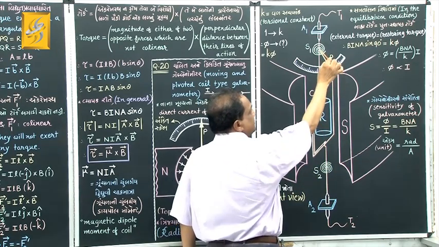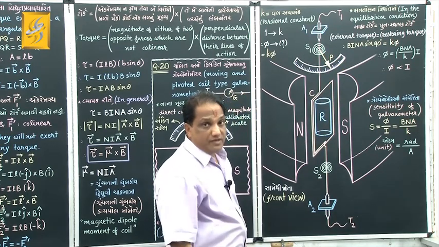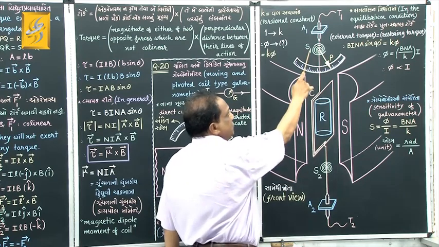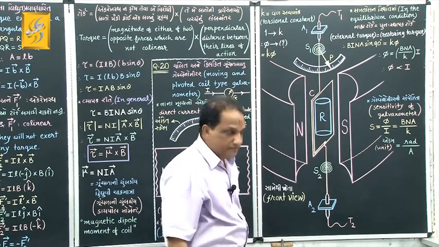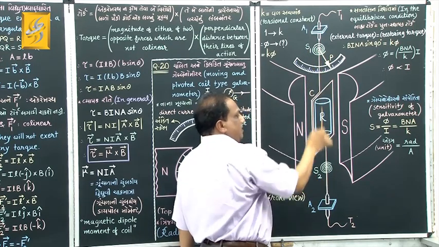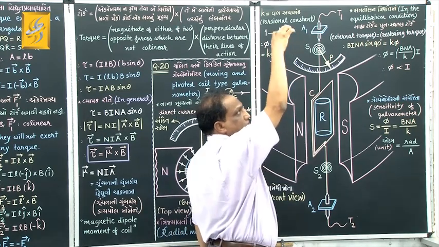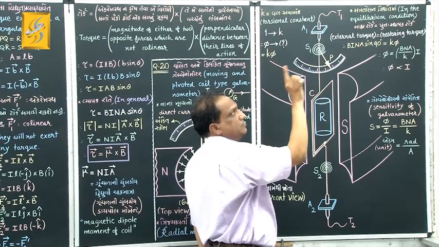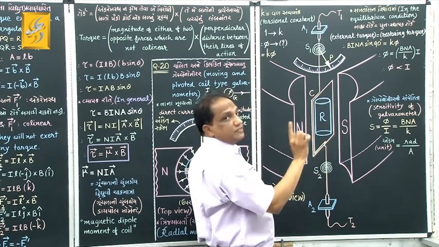Then we just have 2 spiral-shaped elastic springs, S1 and S2, tied at the 2 ends of the coil. This is the upper spring, this is the lower spring. Both are wound in just the opposite manner. If this is wound, as you view from the top, anti-clockwise, then this is wound clockwise, like that.